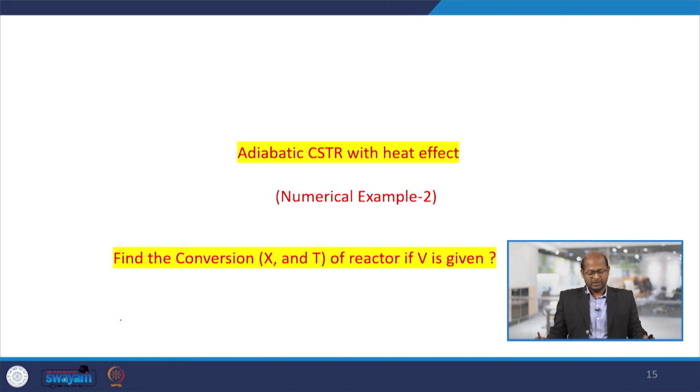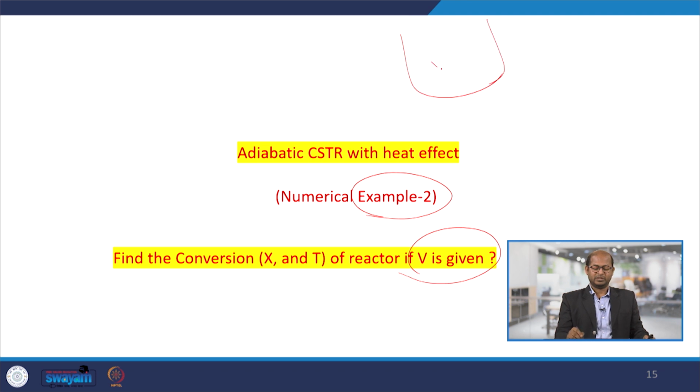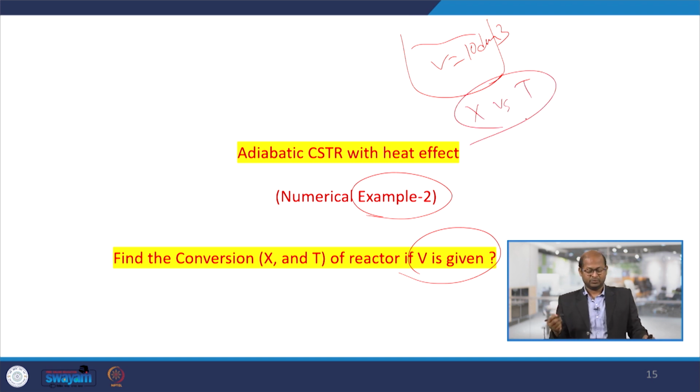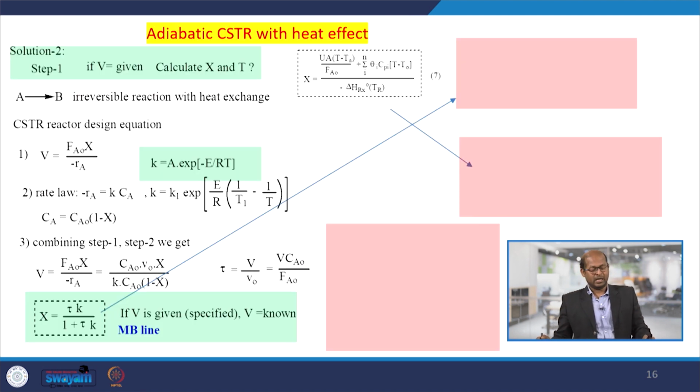Similarly, in another example, example 2, the reactor volume is specified, say 10 dm cubed. So, we have to find a plot of conversion versus temperature, meaning what the conversion would be and what the temperature would be in that case. Similarly, as we discussed, let us say these reactions are conducted inside the CSTR reactor.